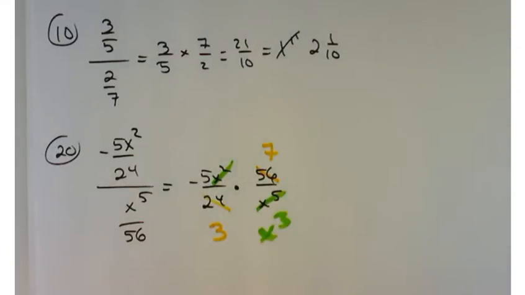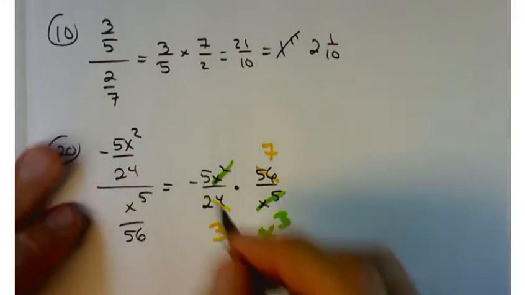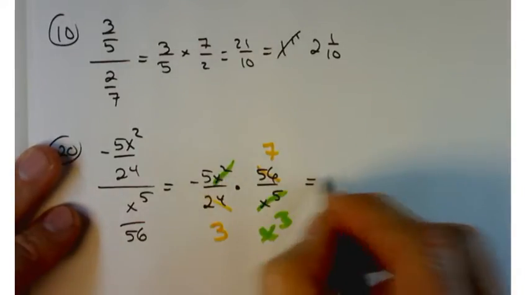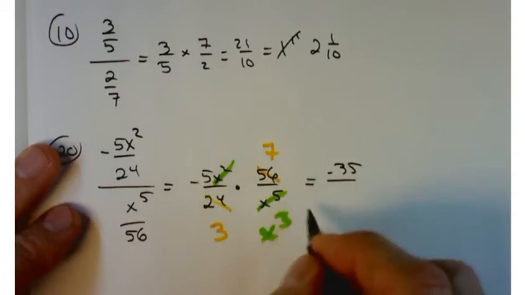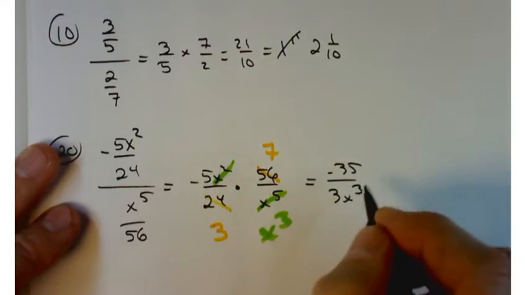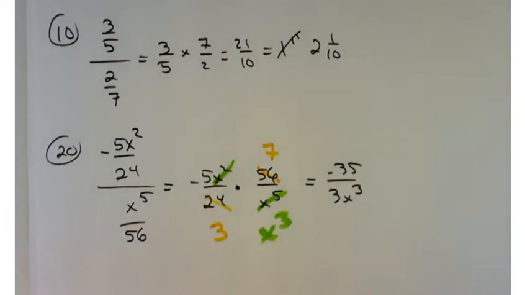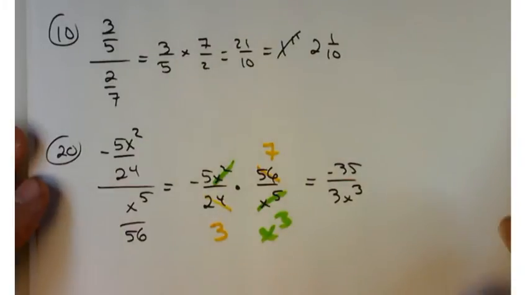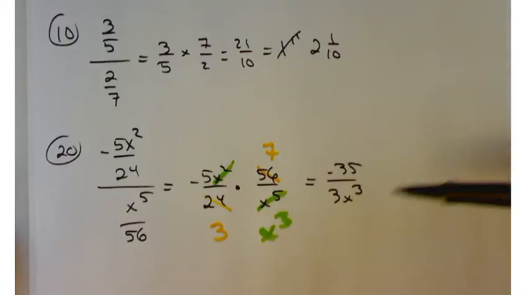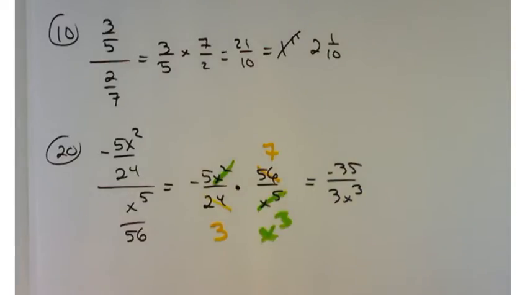And the 5 is still there, so let's multiply that all out. Negative 5 times 7 is negative 35 over 3x cubed. And that's it. Can't go any farther than that. There's no more common factors between the numerator and the denominator. So we're good on that one.